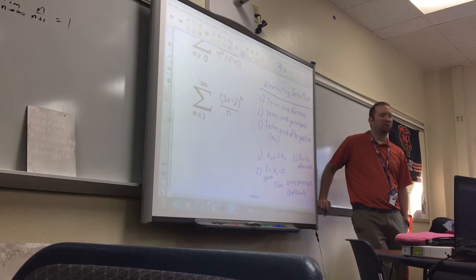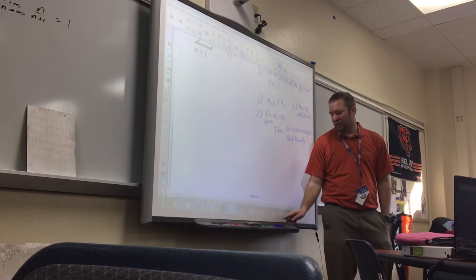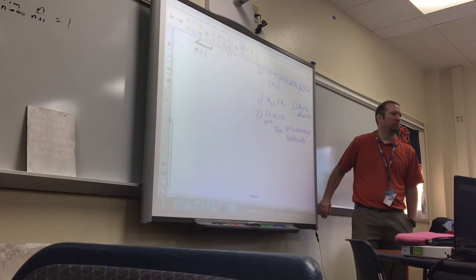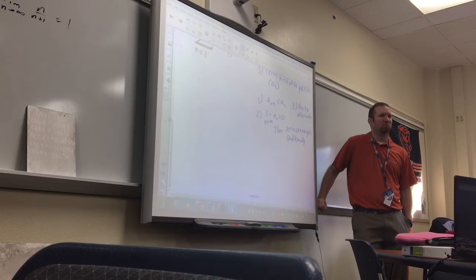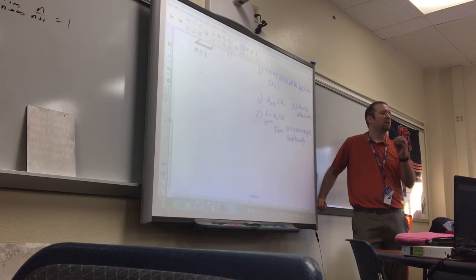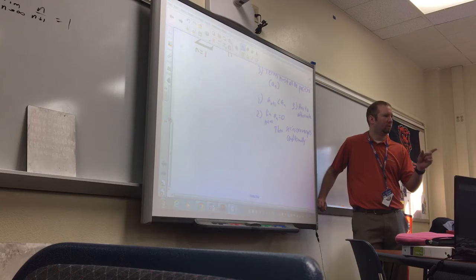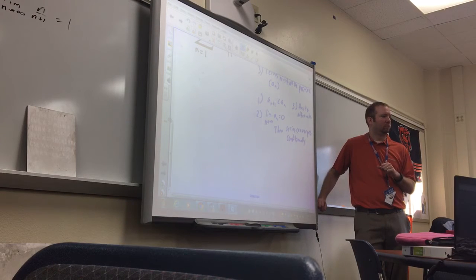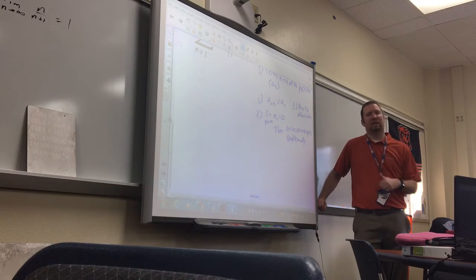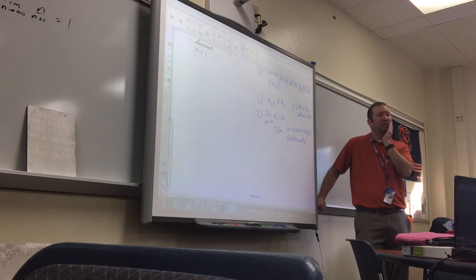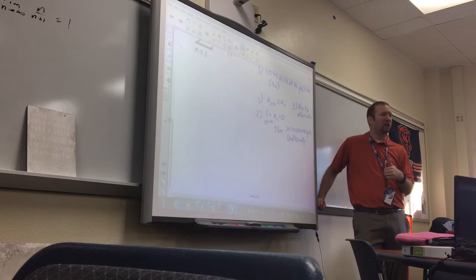Okay? So the alternating series test only tests for conditional convergence. Basically it says this series only converges on these conditions: the only reason this series converges is because it alternates.